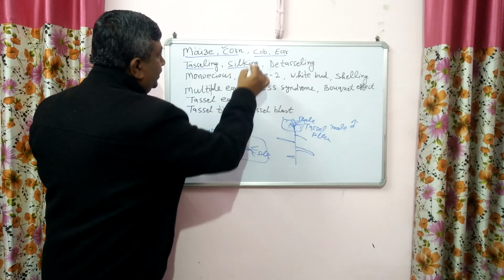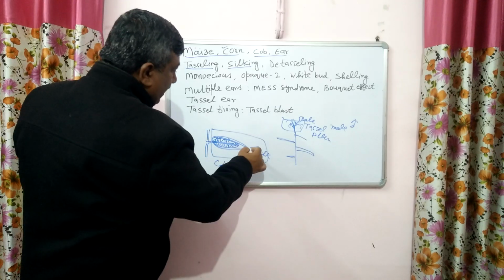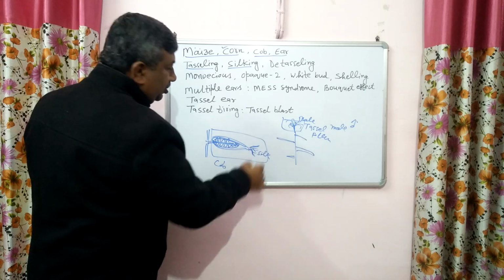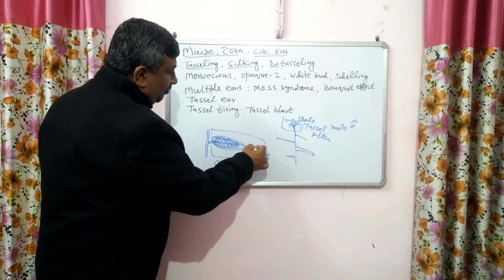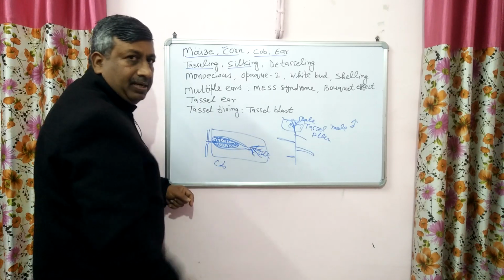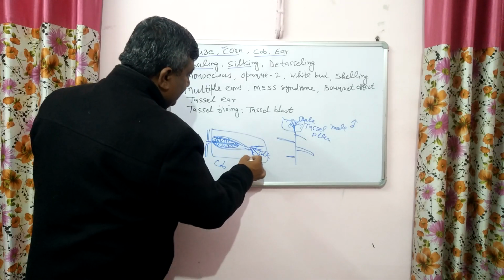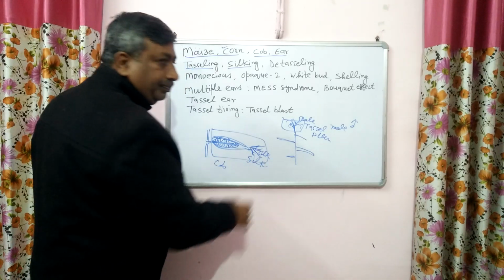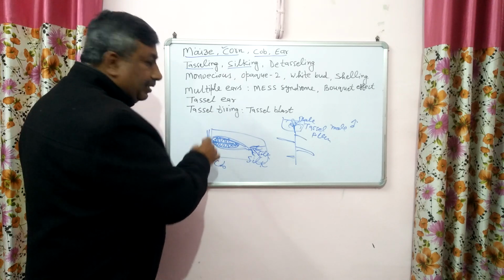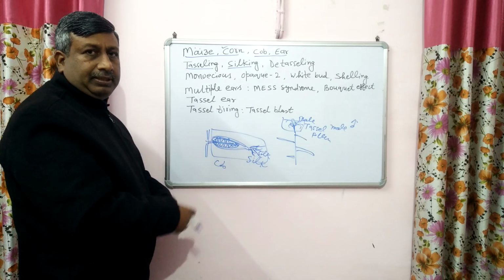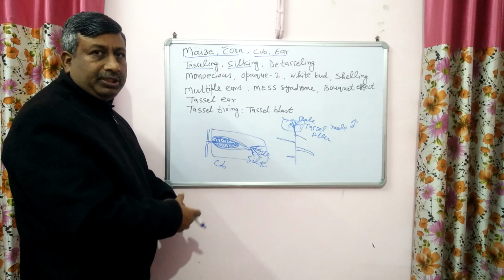Then silking. Silking is related to the silk. Actually, in this cob structure, the ear structure, some very fine threads are there which are known as silk, and this silk emerges out from a cob or ear.